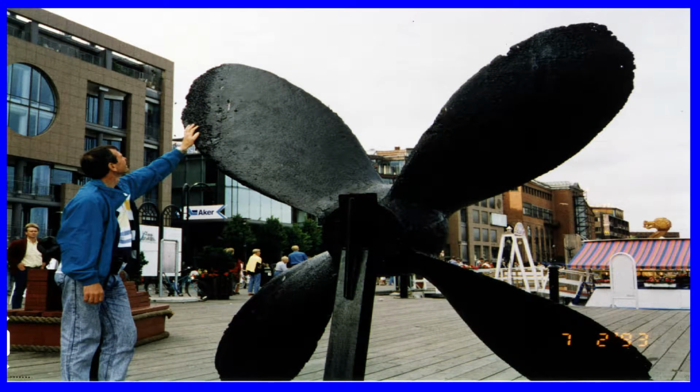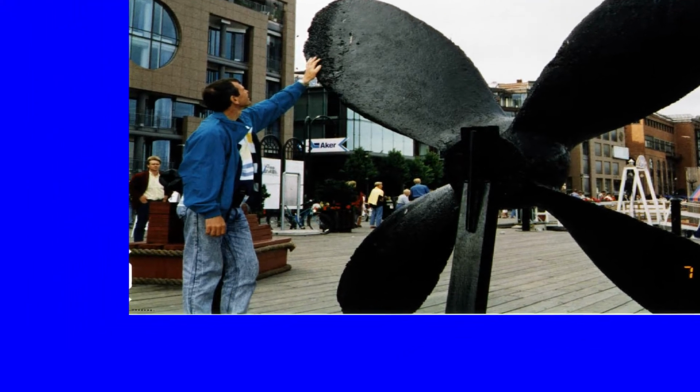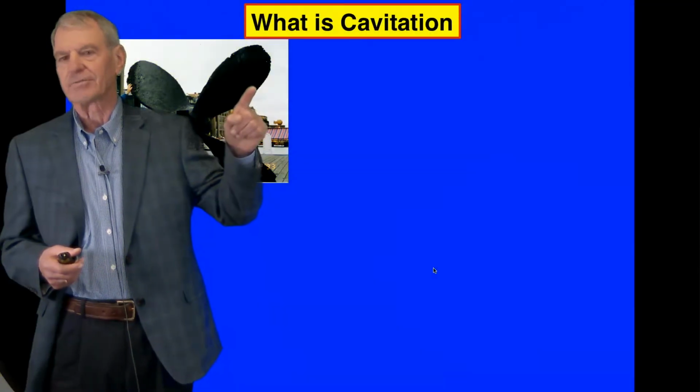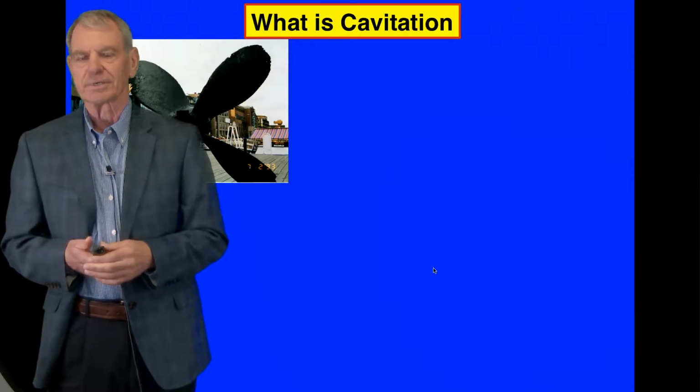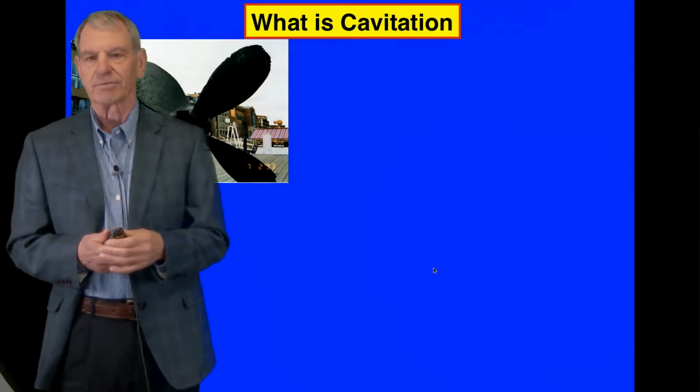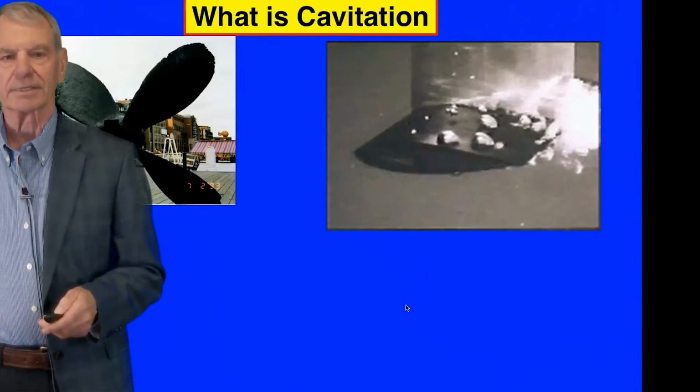Maybe 100 years ago, people found that the propellers on ships were eroded very rapidly, and the ships could not go very fast because the cavitation, it turns out, eroded those propellers. The reason for that is as the flow went past the propeller, it generated cavities on the surface of the propeller, and those cavities generated holes in the propeller itself.